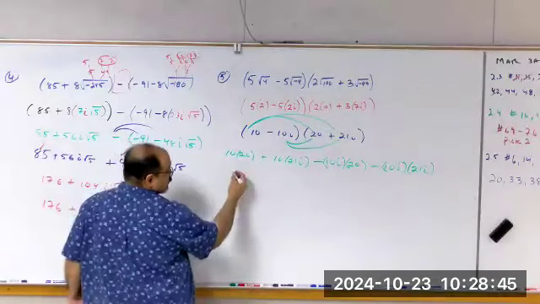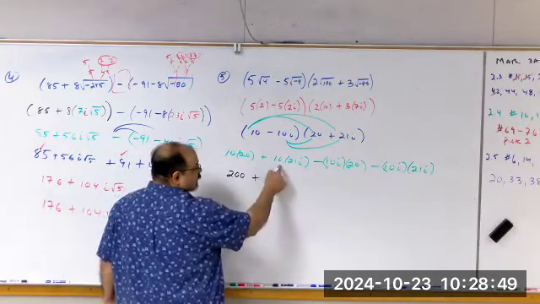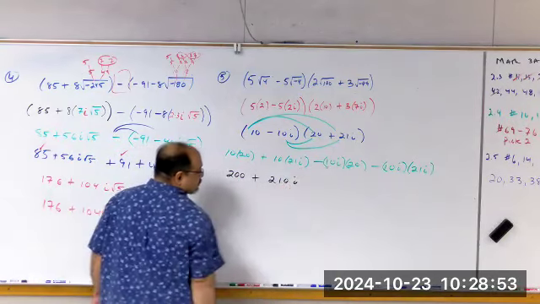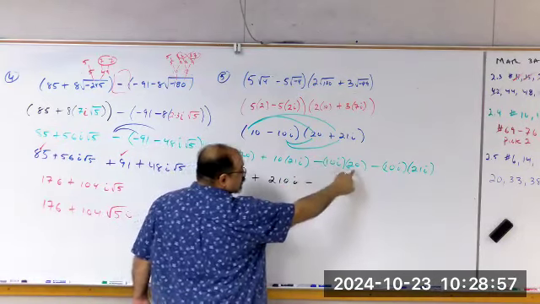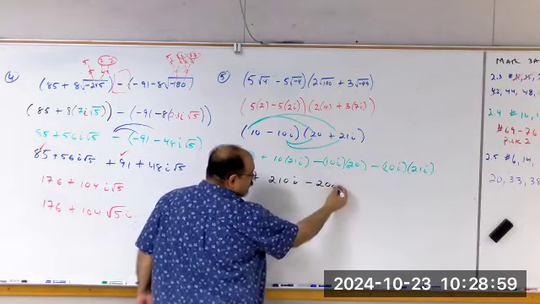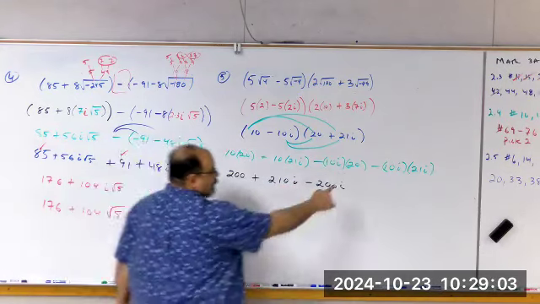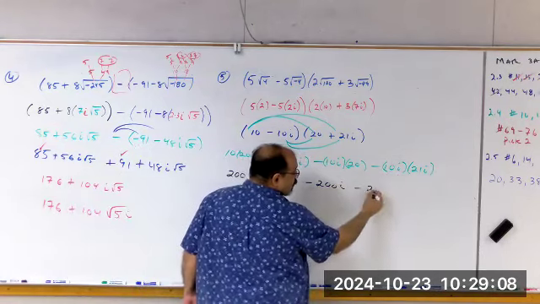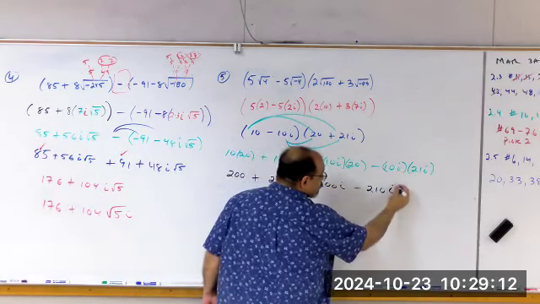10 times 20 is 200. Plus 10 times 21i is 210i. Minus 10i times 20 is 200i. Minus 10 times 21 is 210. i times i is i squared.